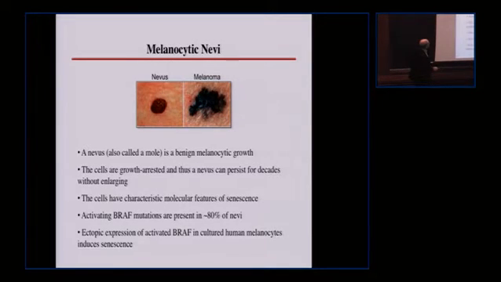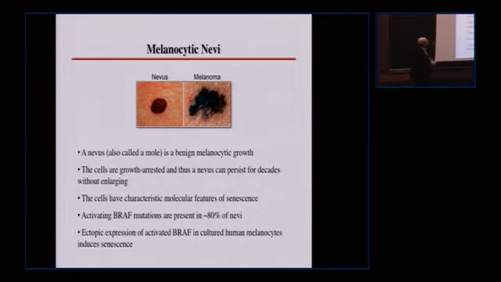The nevus can persist for decades. It has characteristic molecular features of senescence, and approximately 80% contain an activating BRAF mutation. So this is a case of a successful anti-cancer prevention mechanism, and in melanoma, somehow that prevention mechanism has failed or been disabled.